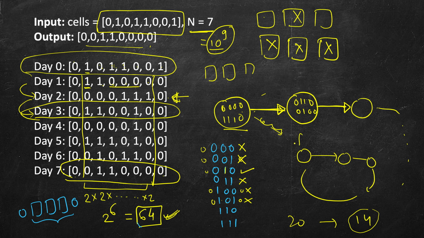So we know that once we reach this state, we can only go to this. We had already solved this, so there is no point in solving it again. Let's say this loop length is L. Let's say the current value is I. We have solved till I, and we have to go till 10 raised to the power 9.